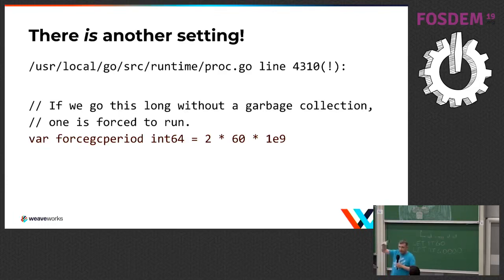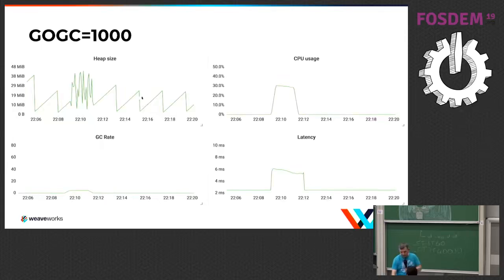So they run it every 2 minutes, 2 times 10 to the 9 nanoseconds, every 2 minutes. And they will actually free the memory back to the operating system if you're no longer using it in that scenario. So that's something which I didn't actually know about until I did these slides. I didn't know there was a 2-minute max on the garbage collector.